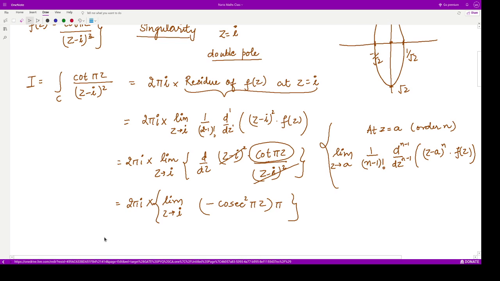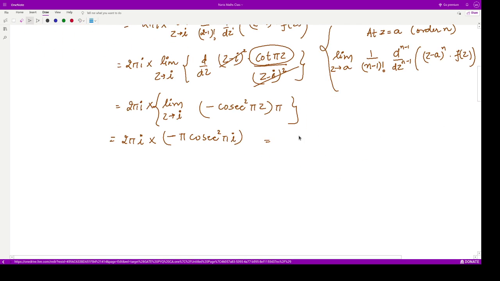Now if you substitute the limit, we would have 2πi multiplied by minus π cosecant squared (πi). We can simplify this a bit. So we would have minus 2π squared i divided by sin squared (πi).